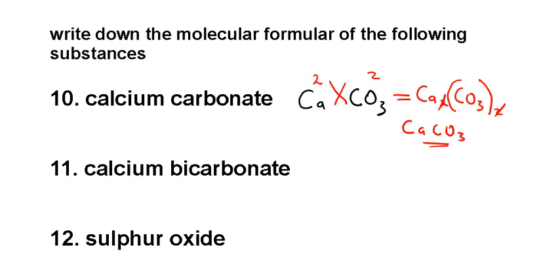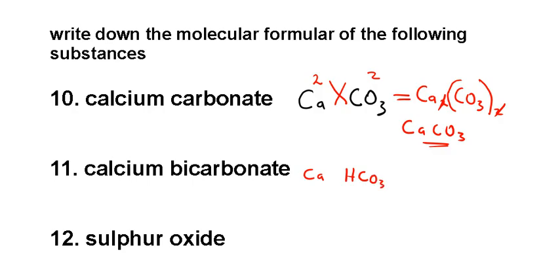So calcium bicarbonate. Let's look at calcium bicarbonate. It's made up of calcium and bicarbonate, which is HCO3. Calcium, we know, has a valency of 2, while bicarbonate has a valency of 1.